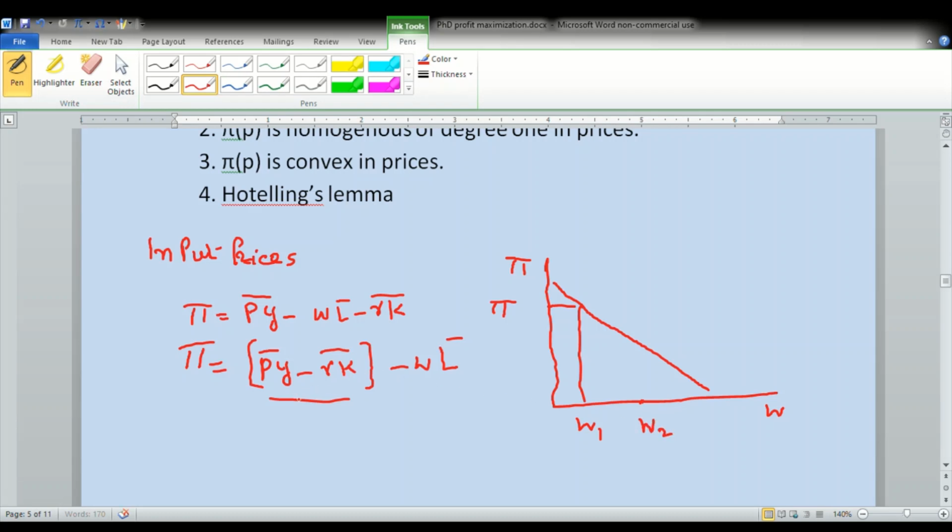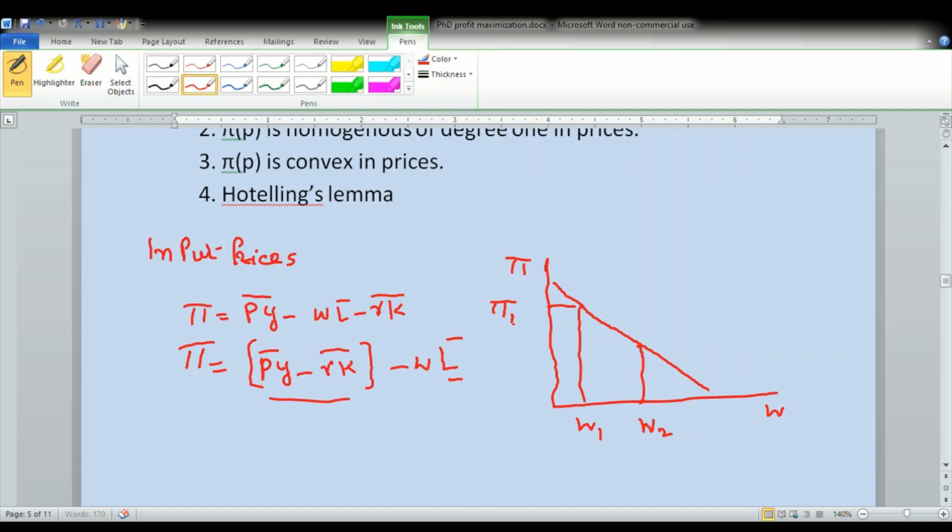If you still keep on producing the same output, if you keep on employing the same amount of labor and same amount of capital, then you will be moving along this linear track and you will fall here.